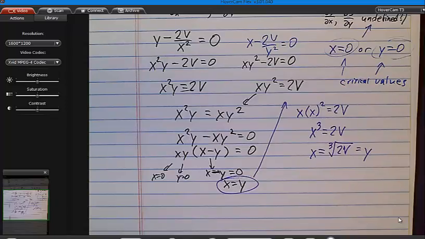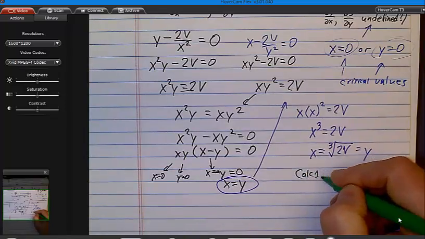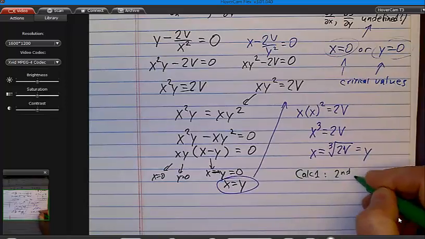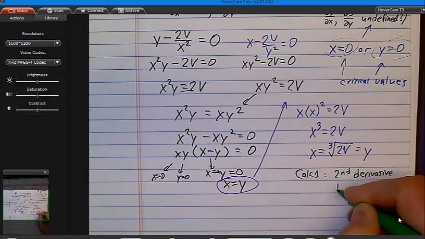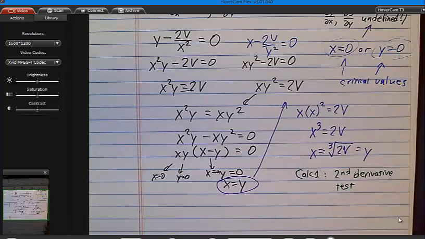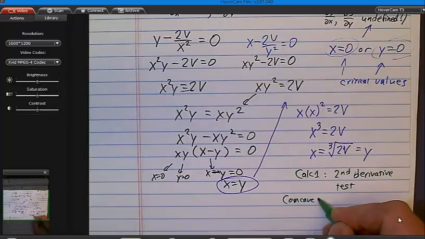How do you figure that out? In Calc 1, yes, that's something I wanted to get at. In Calc 1, the second derivative test, the way it worked was this: concave up, right?